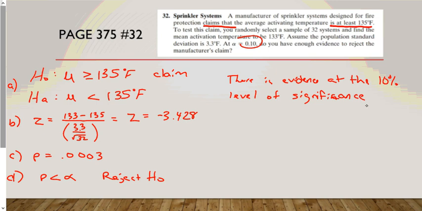You'd think I'd be better, but it's kind of difficult to write on this sometimes. The average activating, like that.